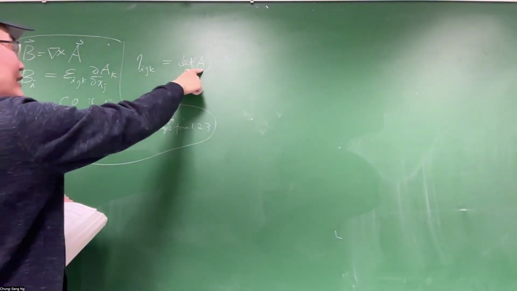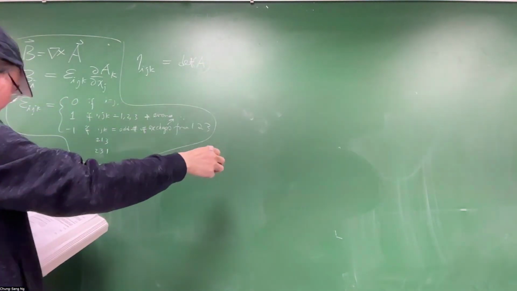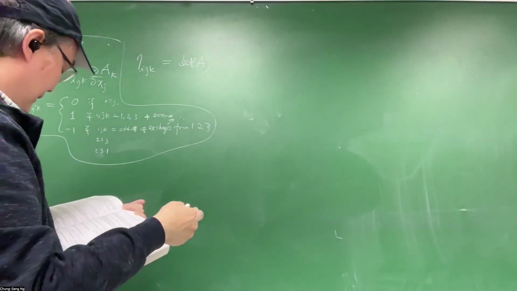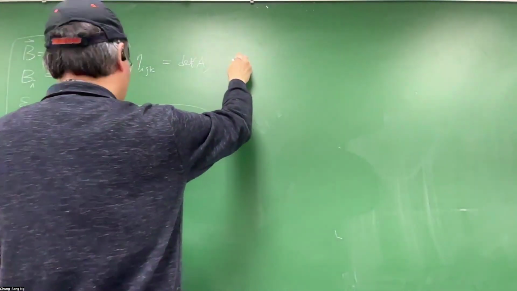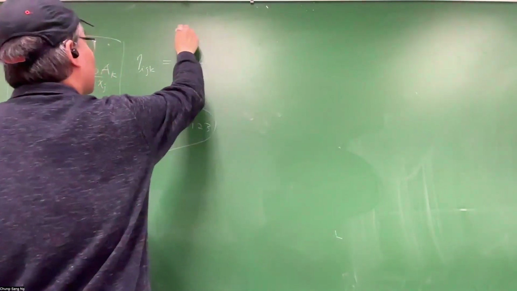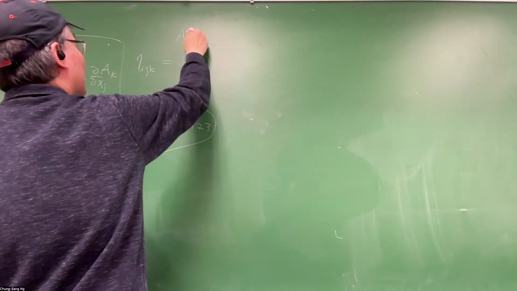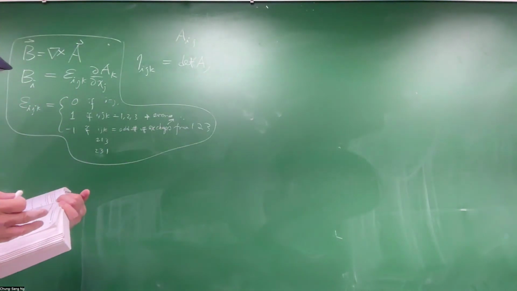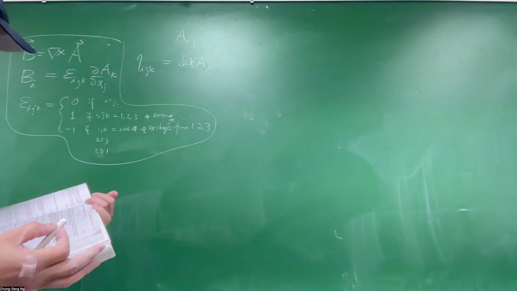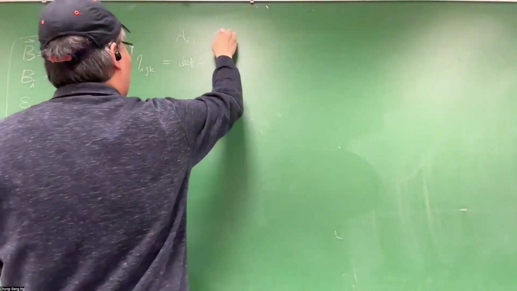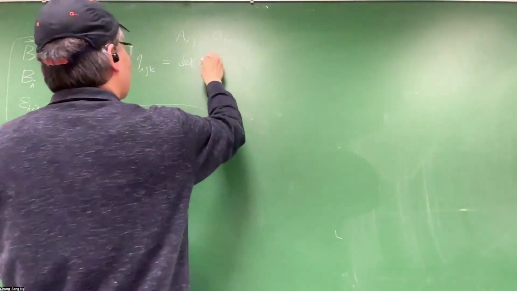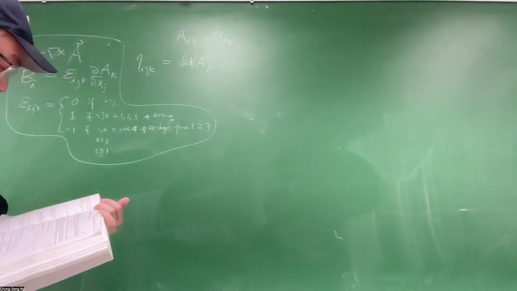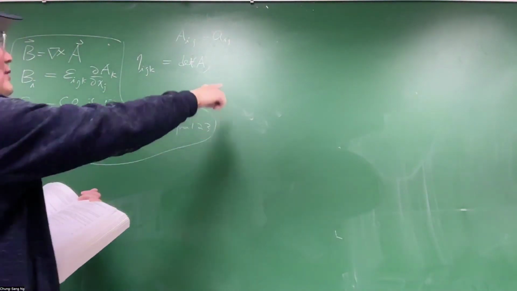So A is now your transformation matrix, and its components are the little a_ij. This matrix has elements, what we call this little a_ij. So this is a transformation matrix.